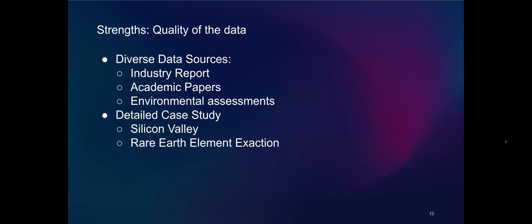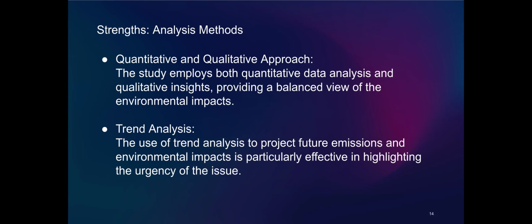The strength of this article is the quality of the data. It has diverse data sources such as industry reports, academic papers, and environmental assessments, and also the detailed case study to demonstrate a vivid scenario that things could be really bad. Next is the analysis method, the quantitative and qualitative approach, which provides a balanced view of the environmental impact, and also the trend analysis highlighting the urgency of the issue.